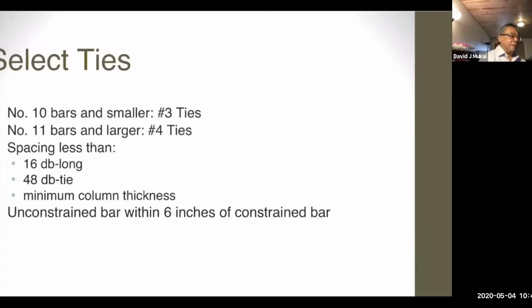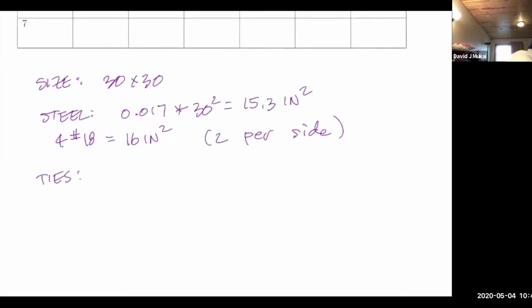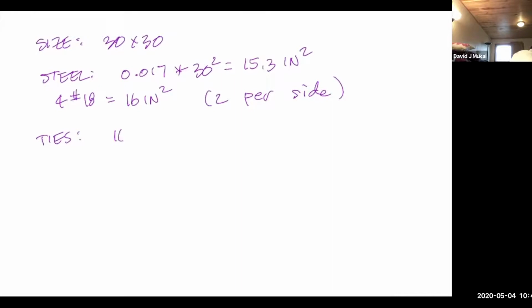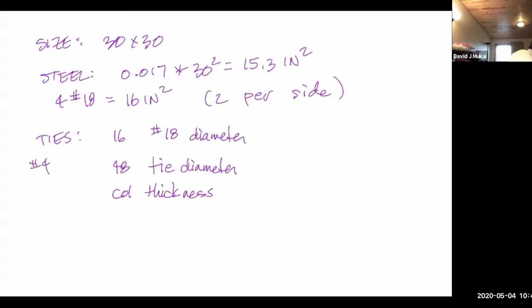Okay, so 16, 48, and thickness. So it's number 4 ties because it's bigger than 11.